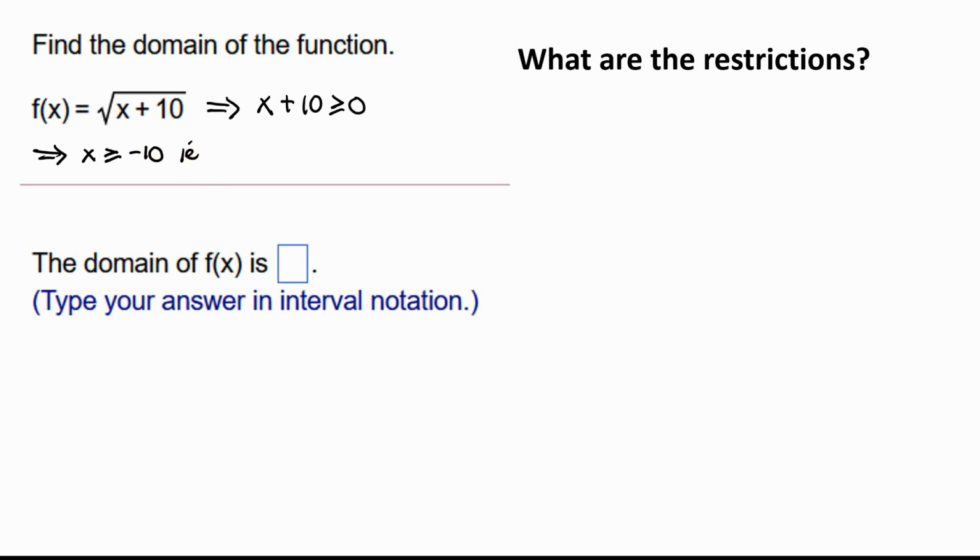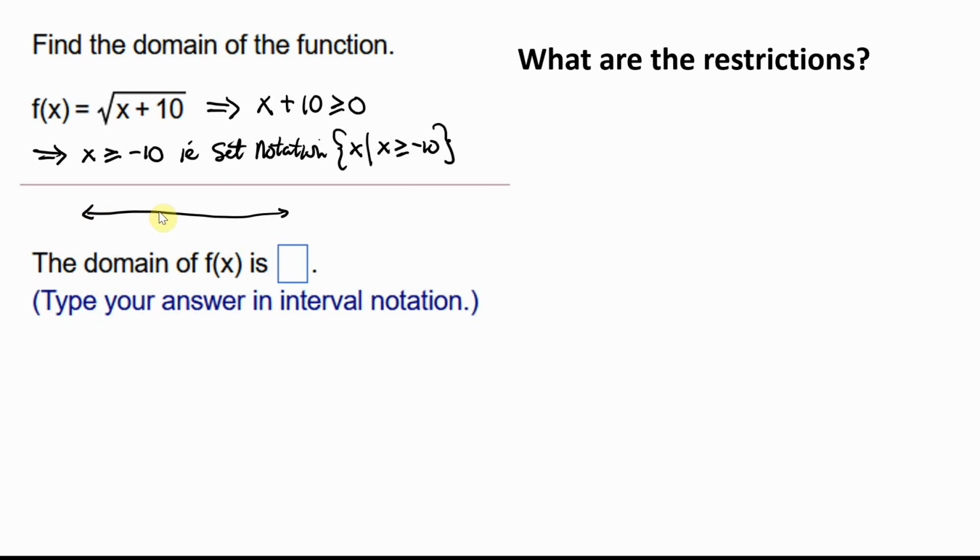Now, if they ever ask to write it in set notation, which they won't because it's too much for the computer, set notation is this: the set of all x such that x is greater than or equal to negative 10. But let's look at the number line. Here's the number line.